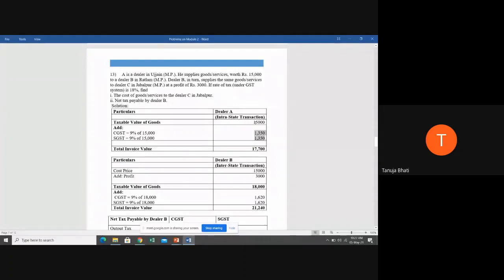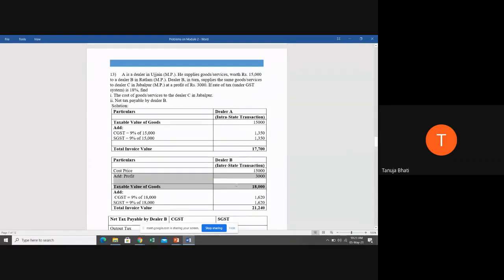So the cost to him is only 15,000, because in respect of these taxes he's getting the input tax credit. Therefore, it will be only 15,000 cost price. So cost price for dealer B is 15,000 rupees. Now, dealer B is selling it to dealer C at a profit margin of 3,000 rupees. Profit has to be added to the cost price. Discount has to be deducted from the cost price.